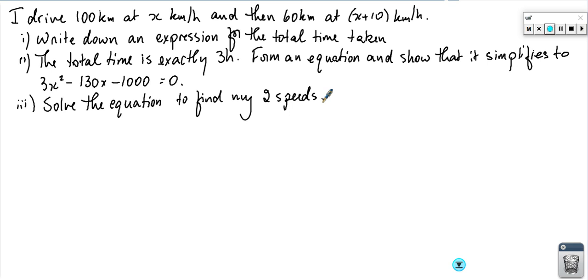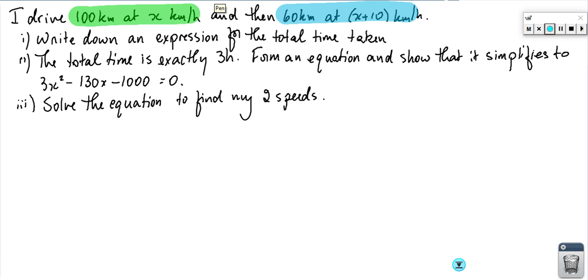We have to start from there. We have to start from what we know. We know two very important pieces of information. The first piece of information is I drive 100 kilometers at x kilometers per hour. And the second is that I drive 60 kilometers at x plus 10 kilometers per hour.